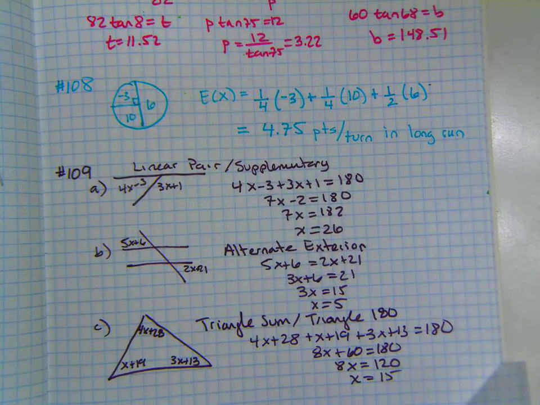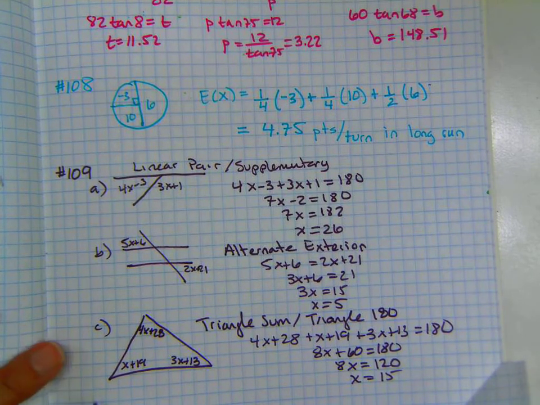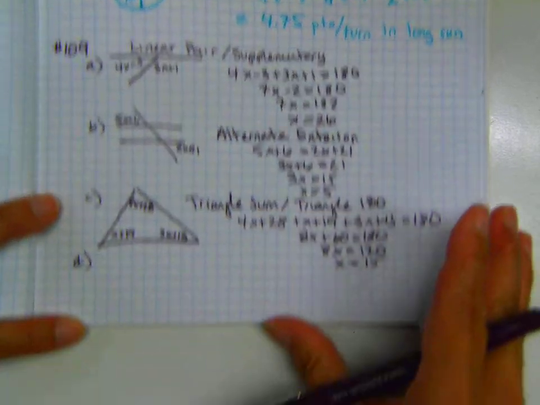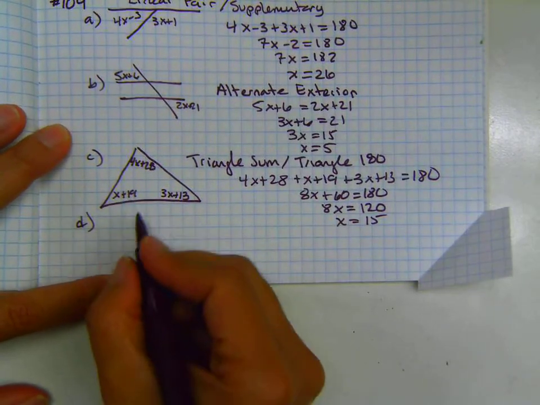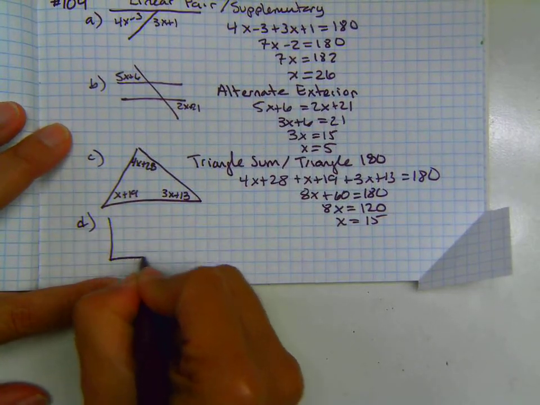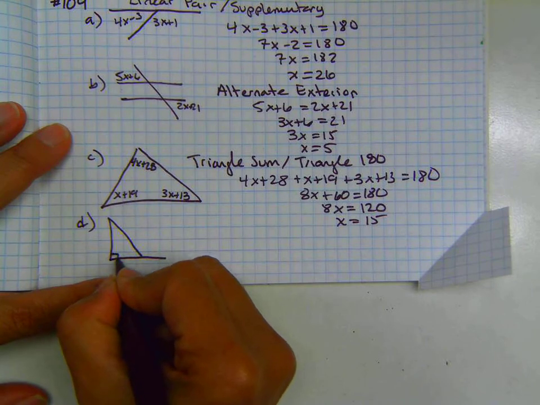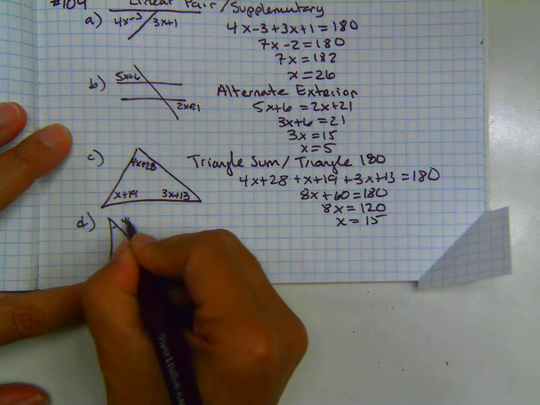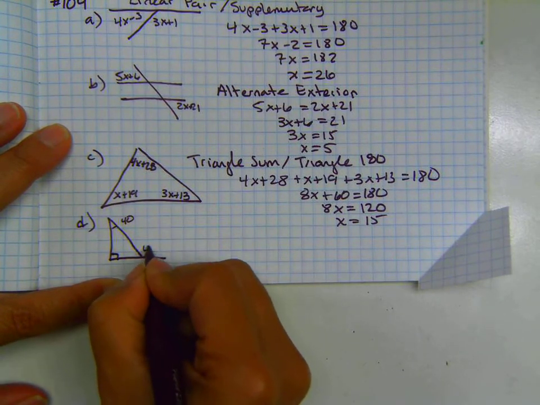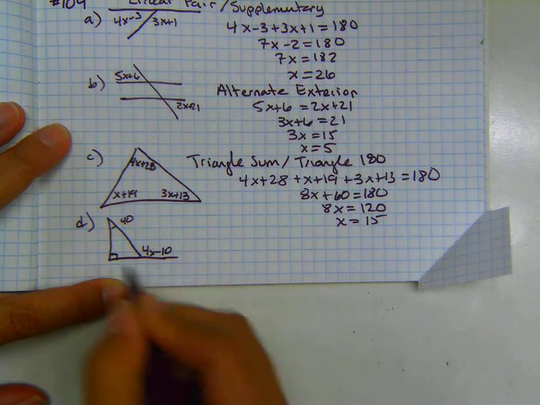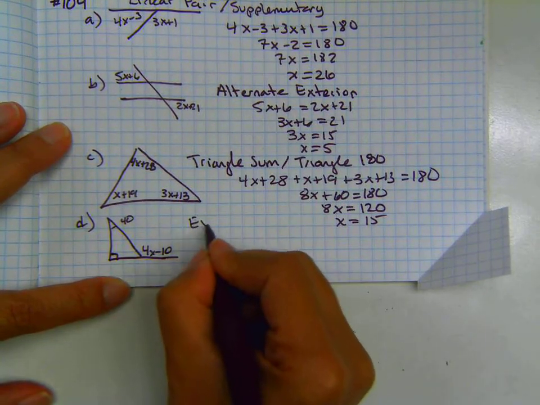120 divided by 8 is just 15. All right, am I going to try to squeeze this one in? I think I could squeeze this one in down here. So this is 90, this is 40, and this is 4x minus 10. This is our exterior angle theorem.